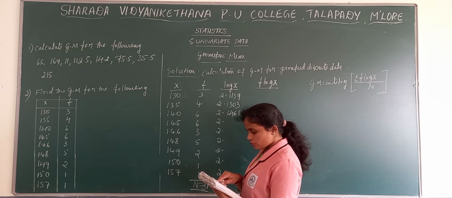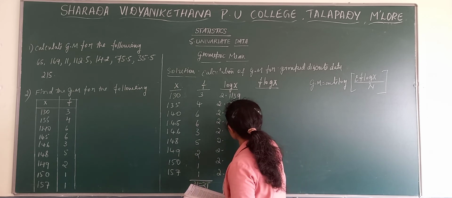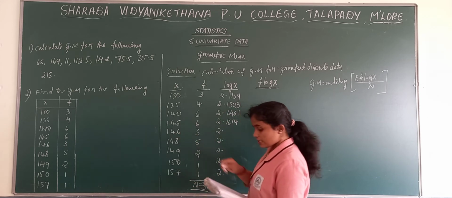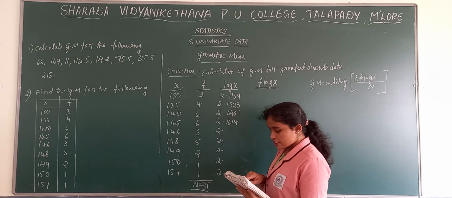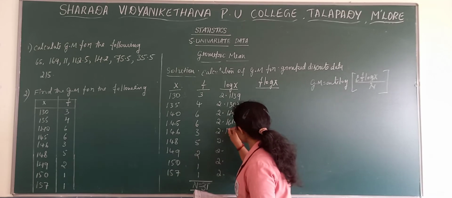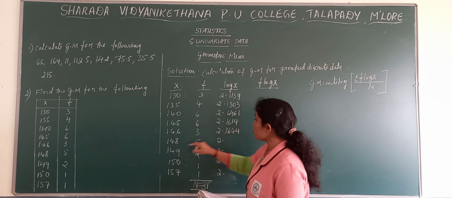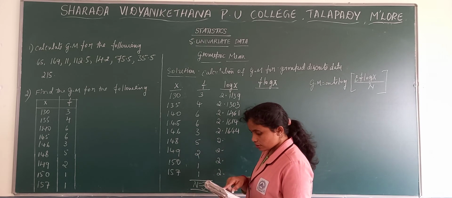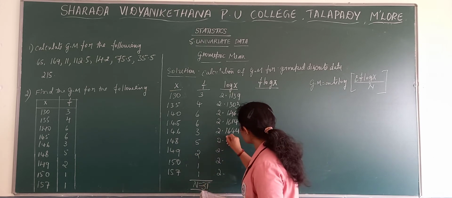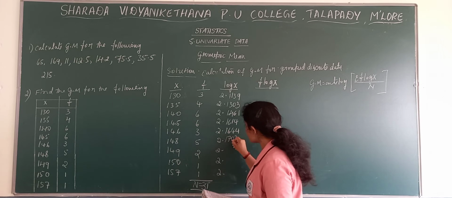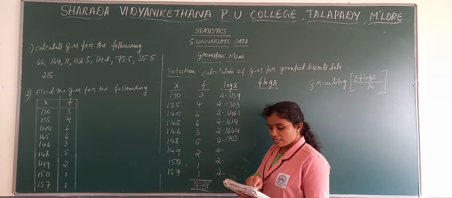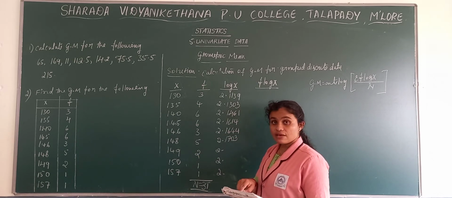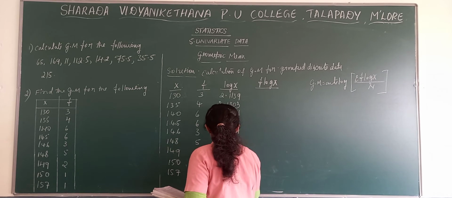Next comes 14, 1614. 146, 1644. 148, 1703. 149, 1732.